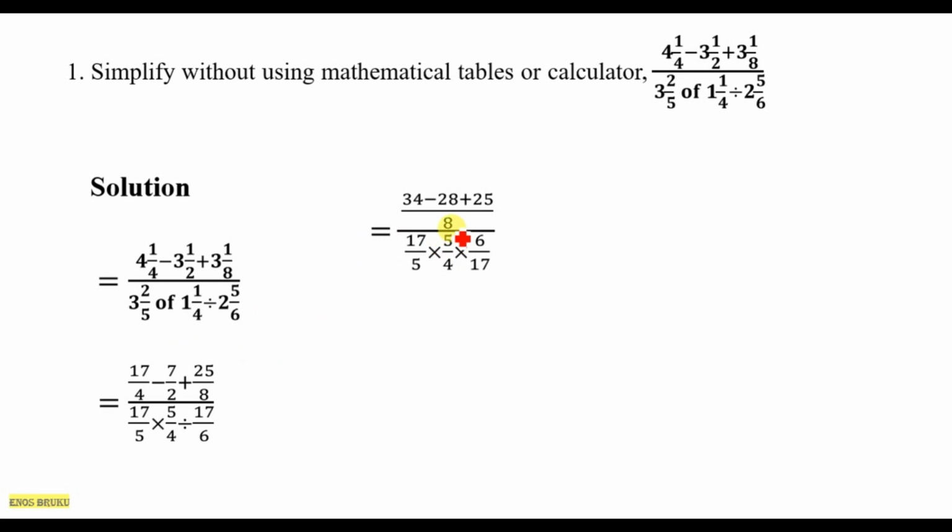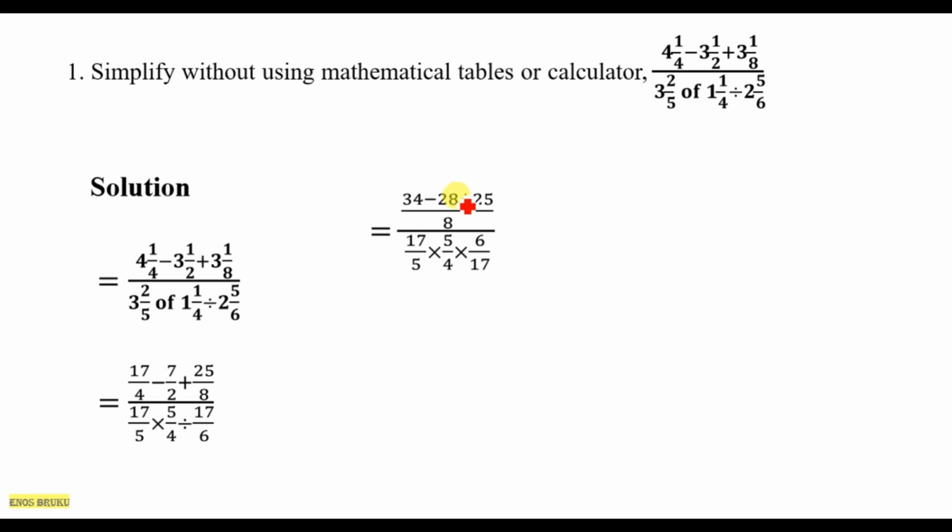So now we've gotten our LCM nicely, which is 8. So realize that 4 will go into 8 2 times, and 2 times 17 will give you 34. 2 will go into 8 4 times, and 4 times 7 gives you 28.